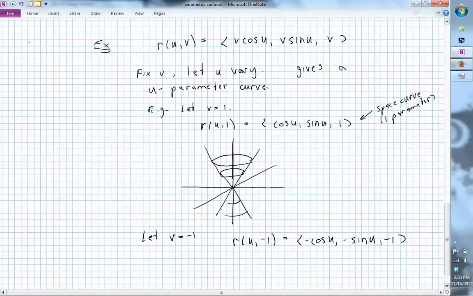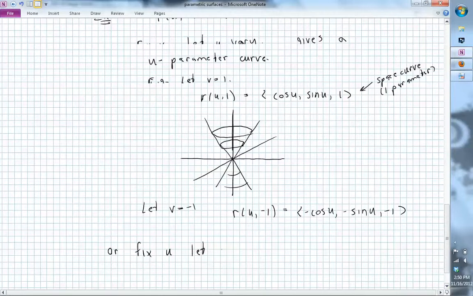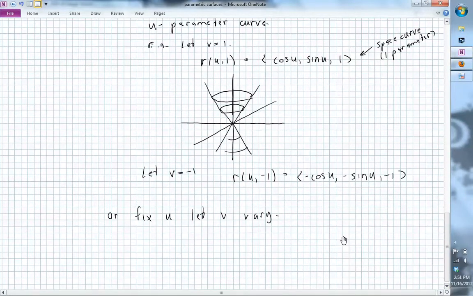Okay, well, there's no reason to pick on v. You could do the same thought experiment. So let's fix u and let v vary. And I guess just for the heck of it, let's let u equal 0. Then R of 0 and v is v, 0, v.